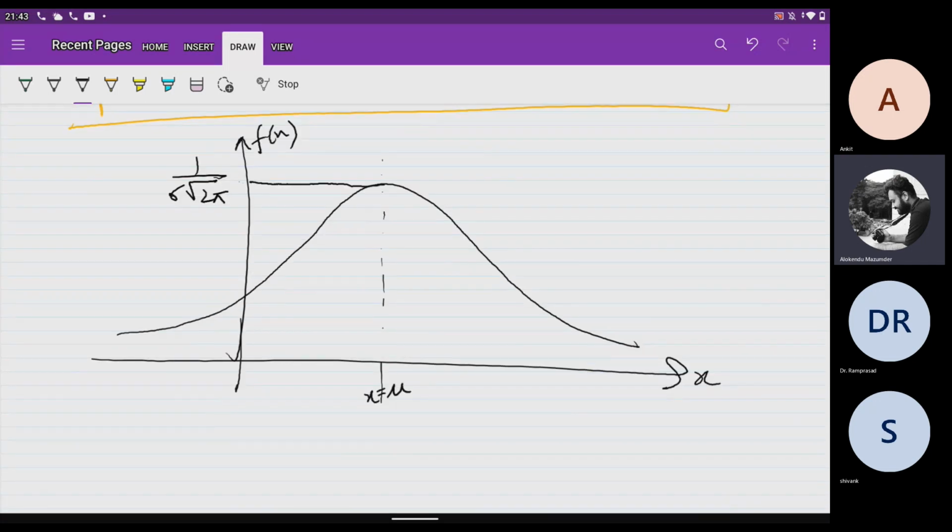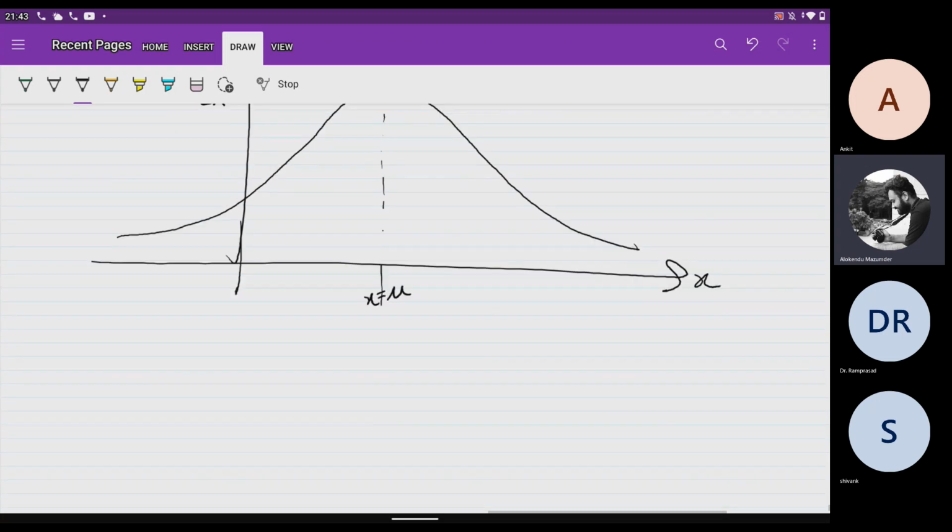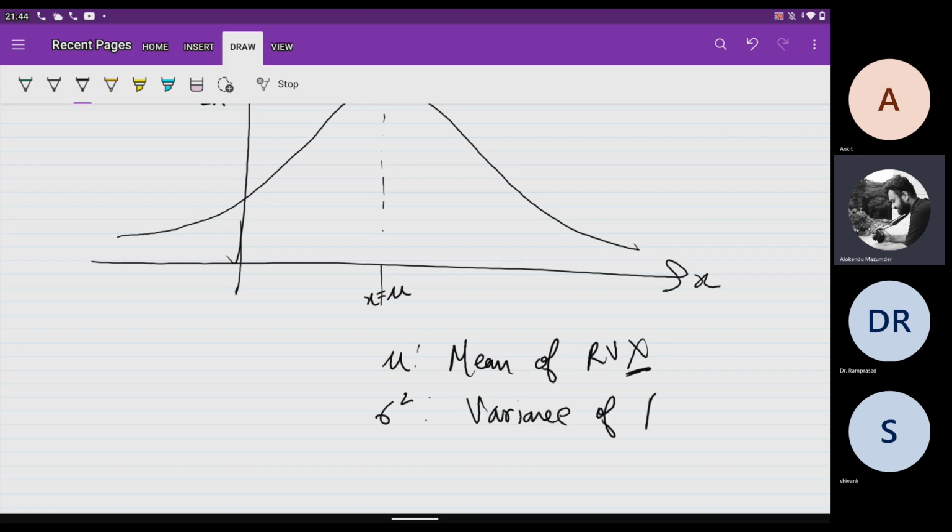This is how the probability density function of a Gaussian random variable looks. Here mu is the mean of random variable x, and sigma square is the variance of random variable x.